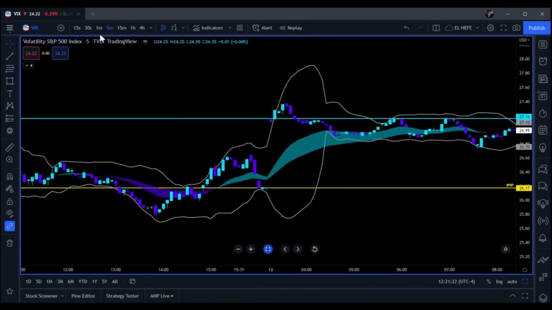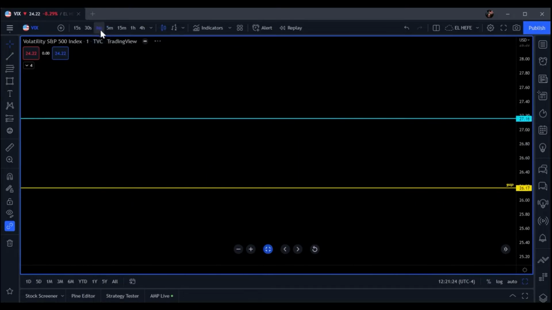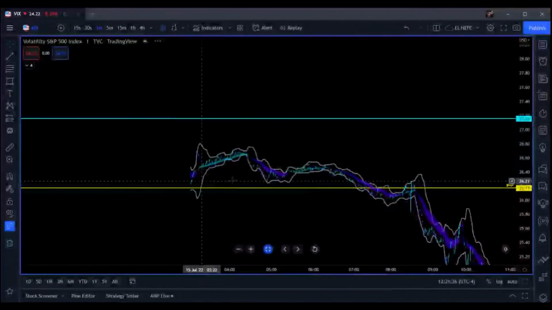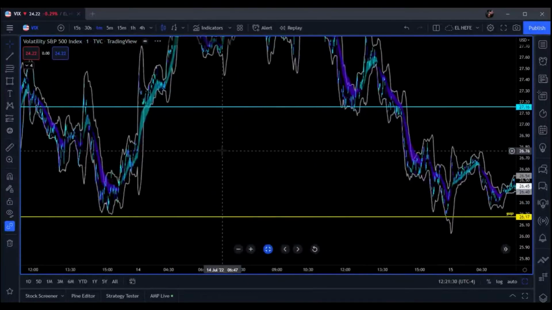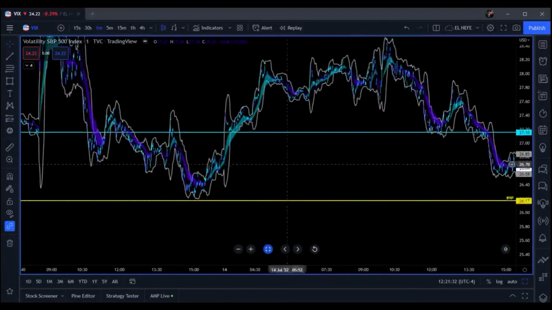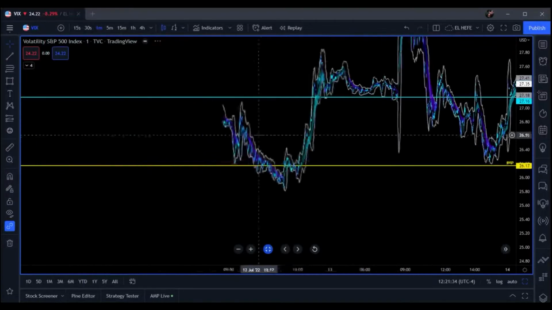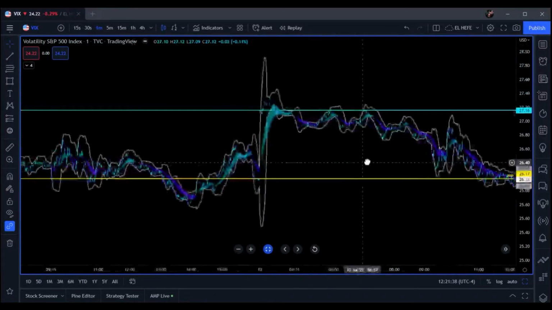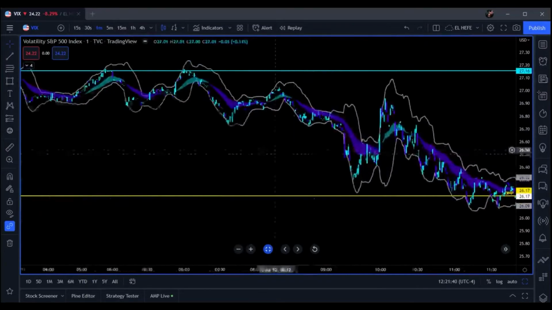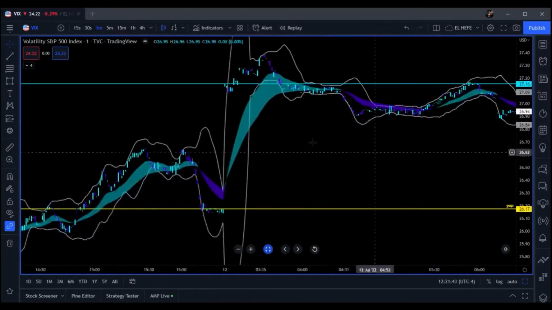So say for instance, a 1 minute chart, on these gap opens and gap closes, you know what I mean? I would assume that a 5 minute would be a wider range than a 1 minute, right?